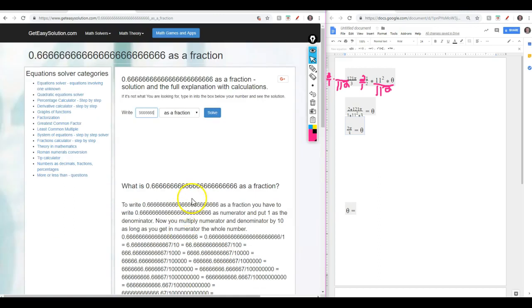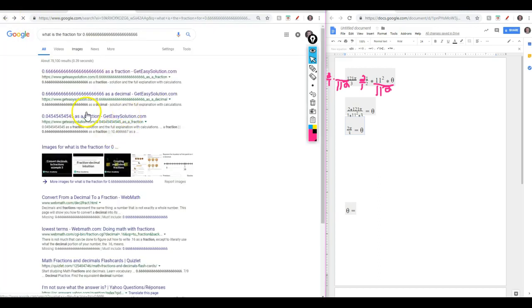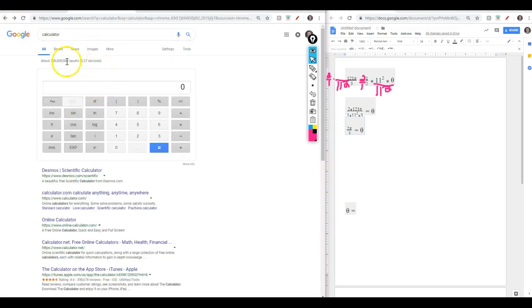Oh, never mind. That wasn't helping. Okay. Anyways, there's not like a fraction button on this calculator that I'm aware of. So trust me that 0.6666 repeating is 2/3.